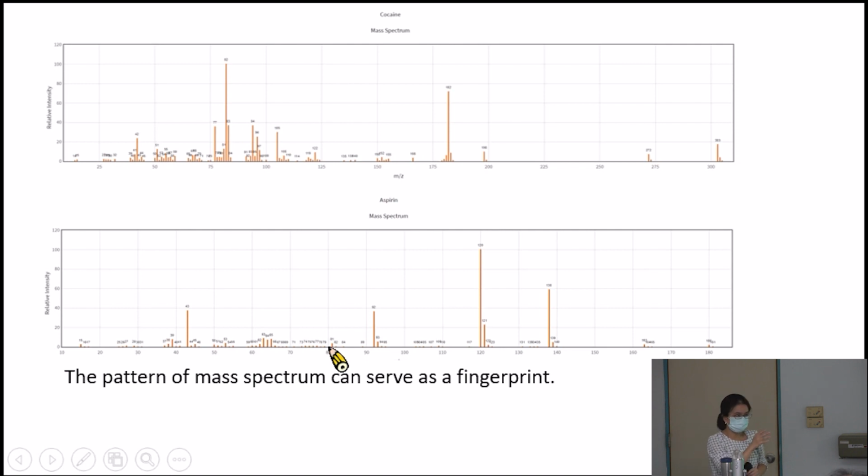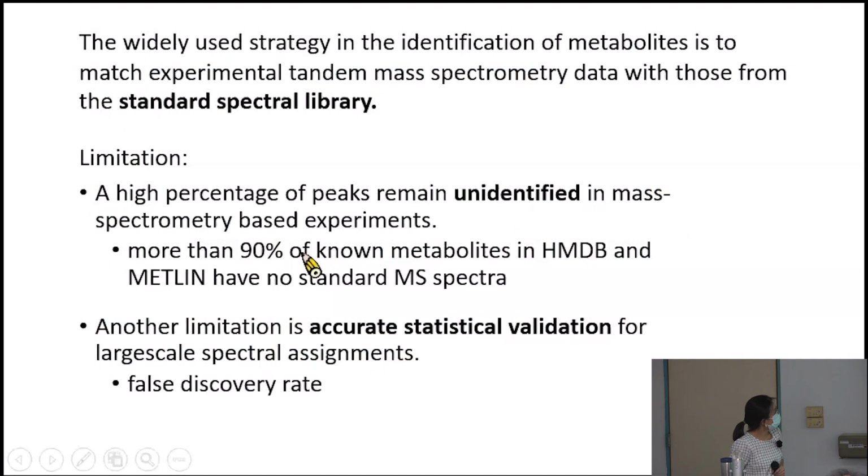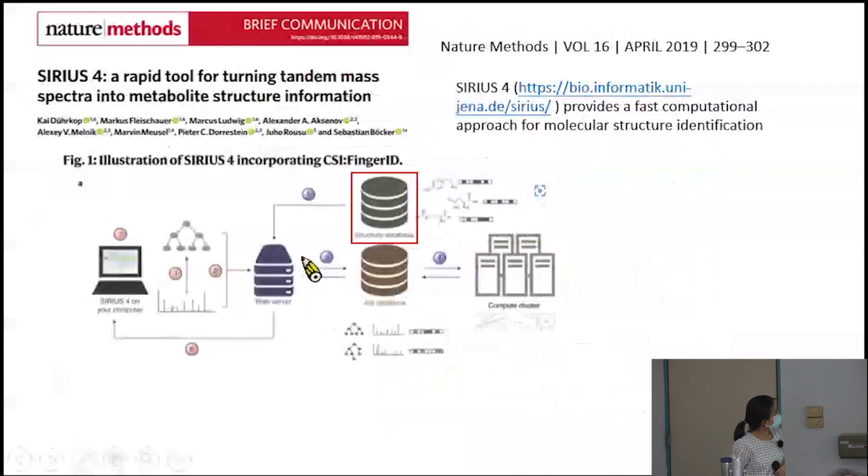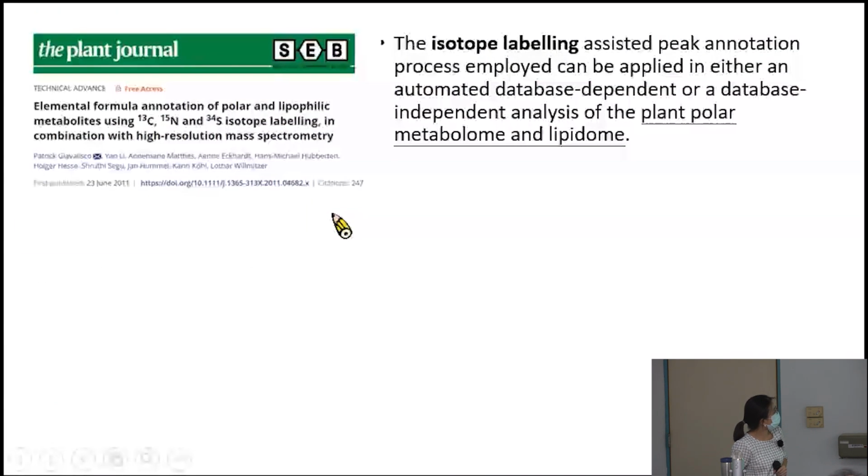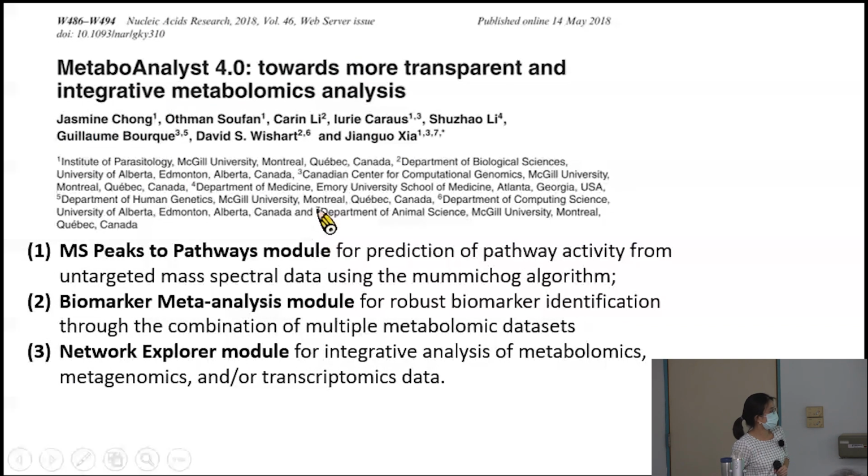So new approaches try to use different algorithms to predict the potential metabolites. So I talked about this approach, and this approach. This is all to identify metabolites that do not have identical spectrum data.